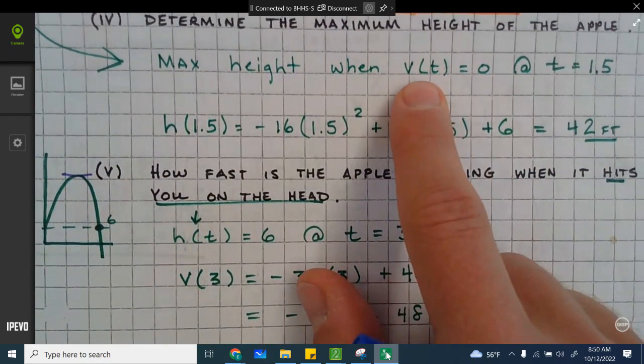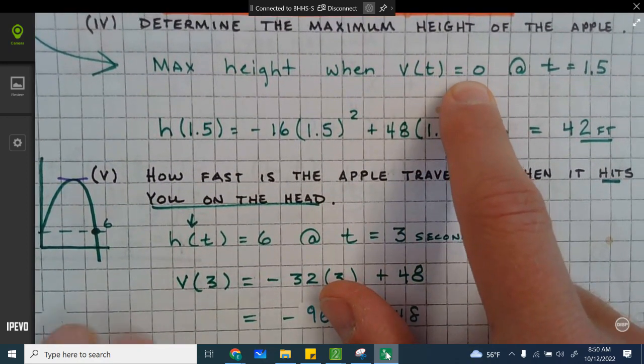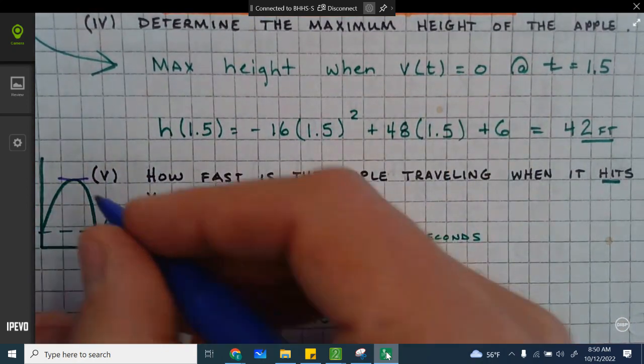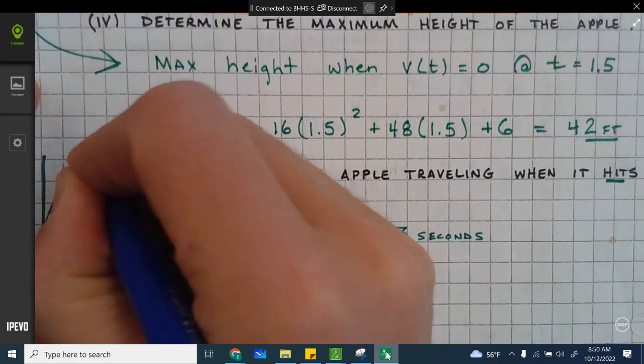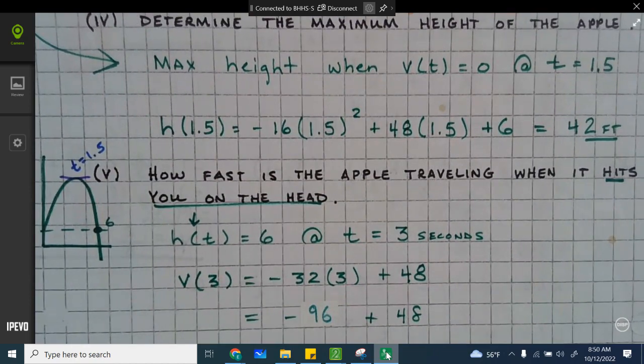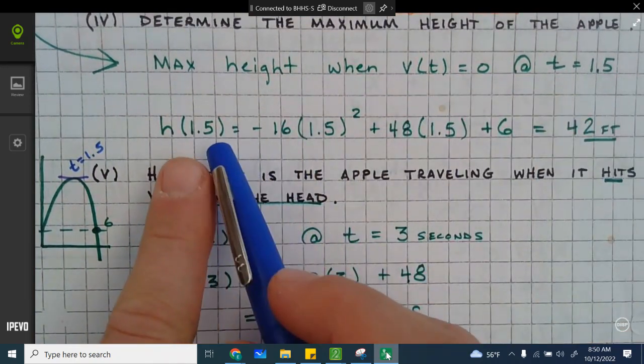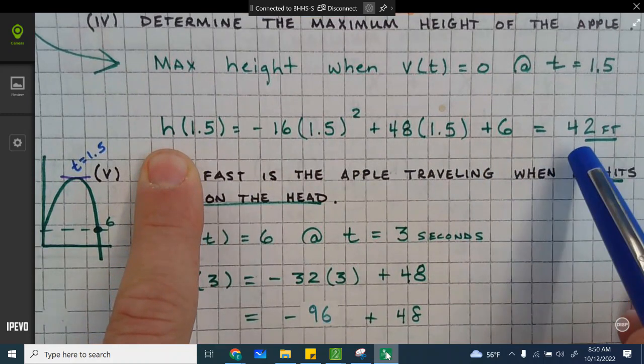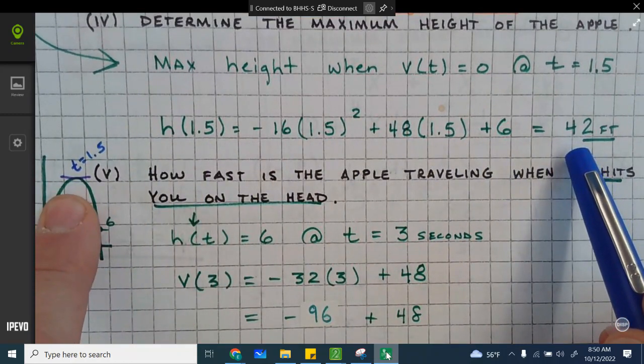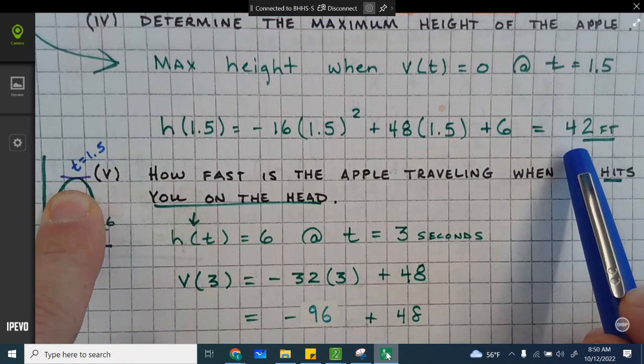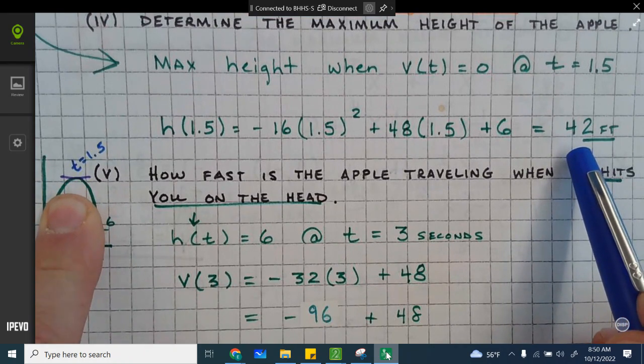So you want to set the velocity equal to 0, and you'll find that that instant occurs at t equal to 1.5. We got up to there? Plug that back into the height equation, and you'll get that the height is 42 feet. Pretty high flying apple.